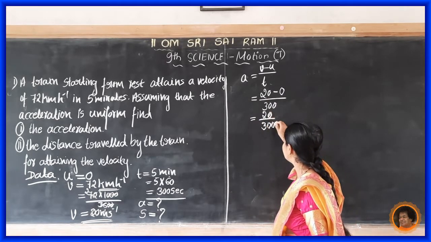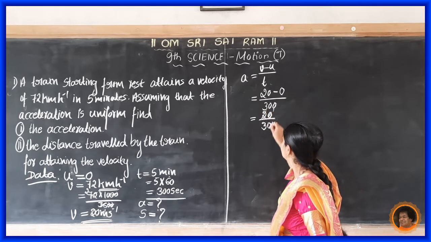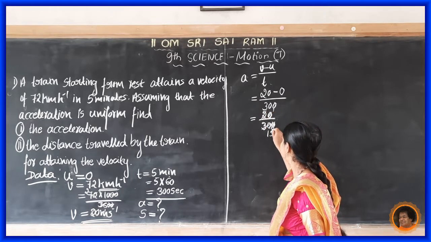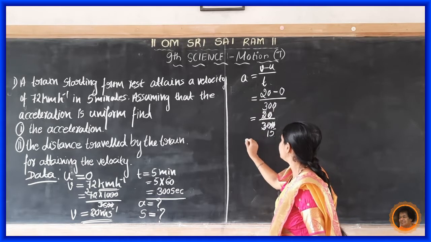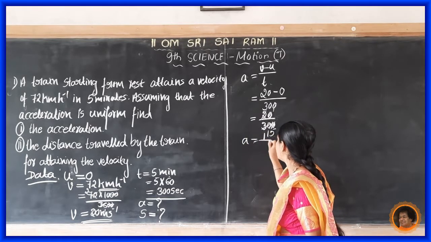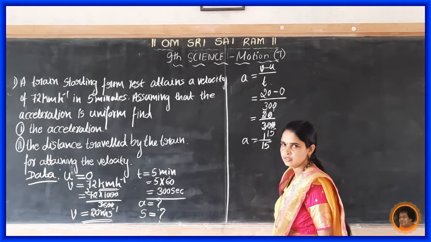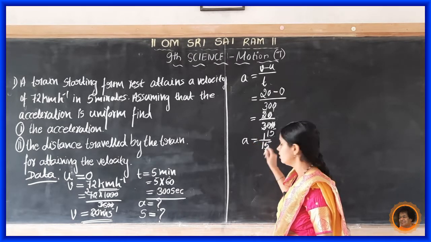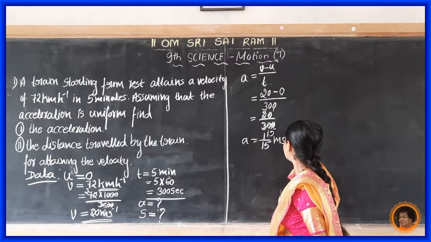Cancelling, a equals 1 by 15 meter per second square.